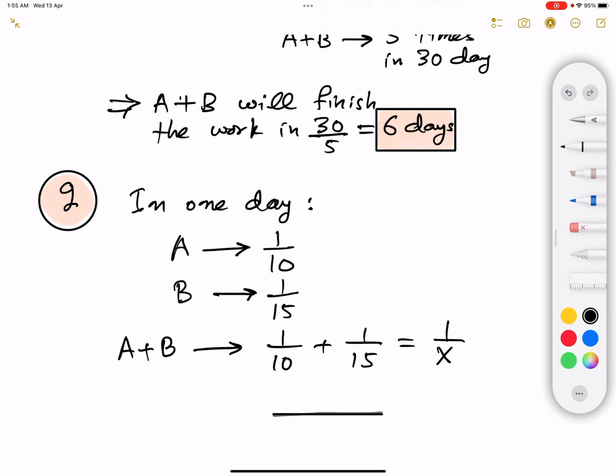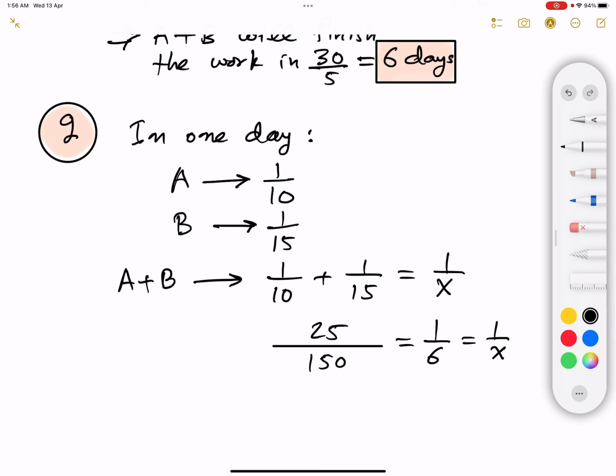What we can do is simplify the expression on the left. That's 150, which is the multiplication of the two numbers, over 15 plus 10, which gives us 25. If you simplify this, it's going to be equal to 1 over 6, which is 1 over x.